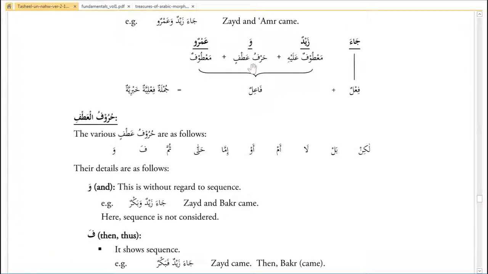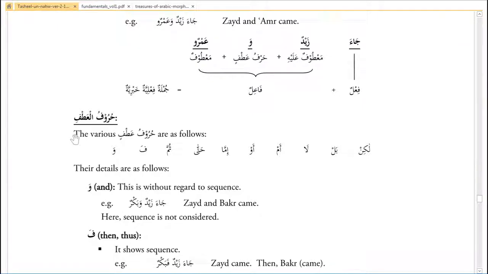So here waw is حرف عطف and فاعل with فاعل become جملة فعلية. I don't know if we have studied خبرية. We might study خبرية. So it becomes جملة فعلية.